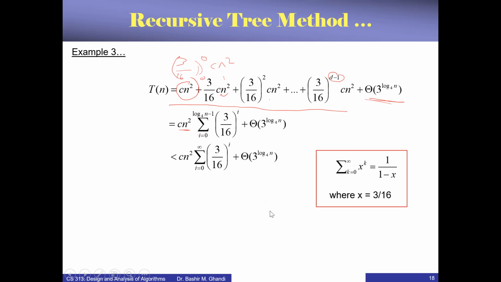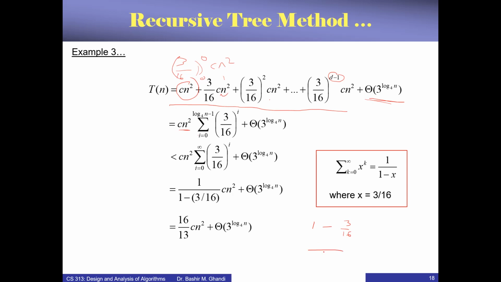So now, if we substitute our 3 over 16 with x, we will have this simple representation of the summation. We're going to have 1 over 1 minus x, where x in our case is 3 over 16. Now if you do the subtraction, let's try and do it quickly. 1 minus 3 over 16, what is it?